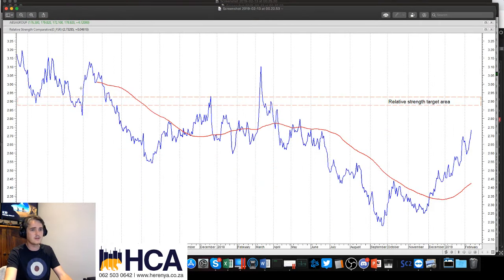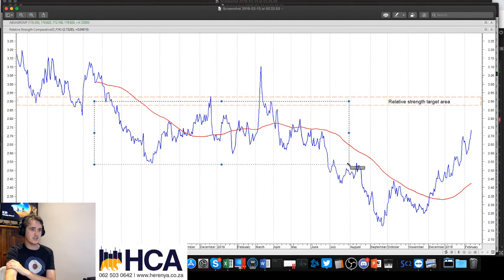So then here, I looked at the relative strength between these two, and they have a historic relationship that the ABSA share price is usually around 3 times that of the Firstrand share price. Okay, and since last year, or in 2017, this relationship started changing a little bit.